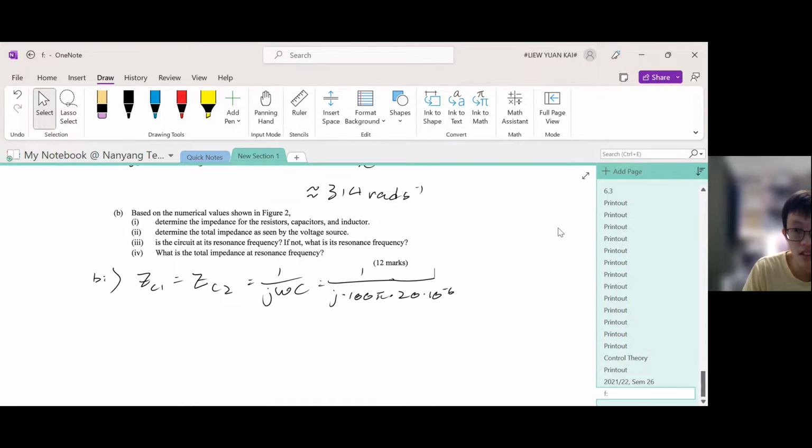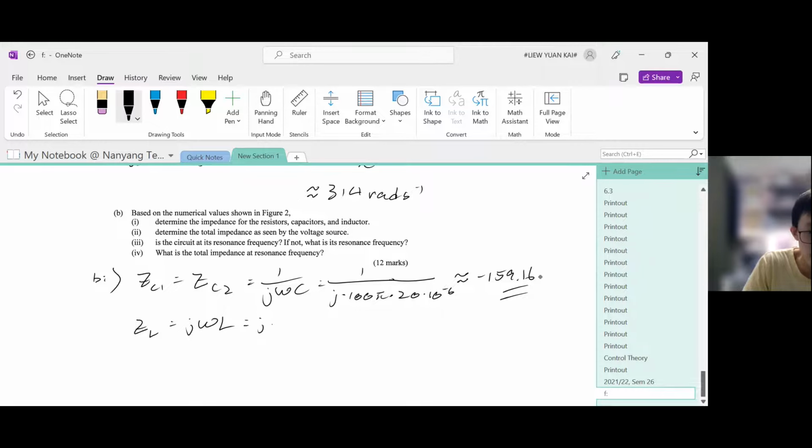Yeah, microfarads. If you punch this into your calculator, you should get negative 159.16 thereabouts.